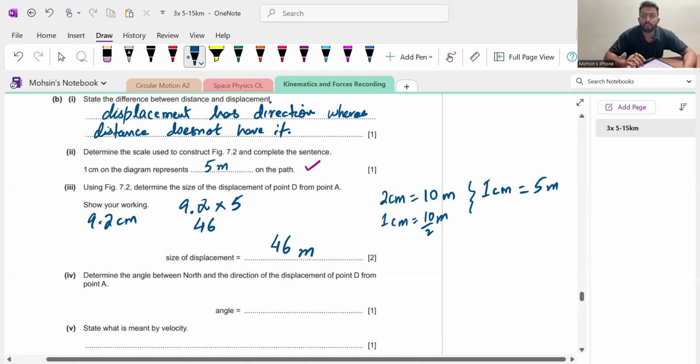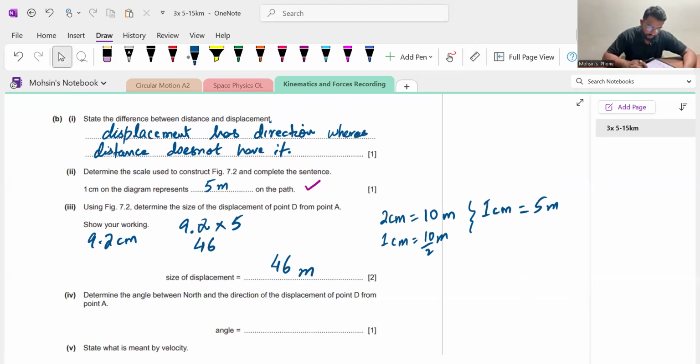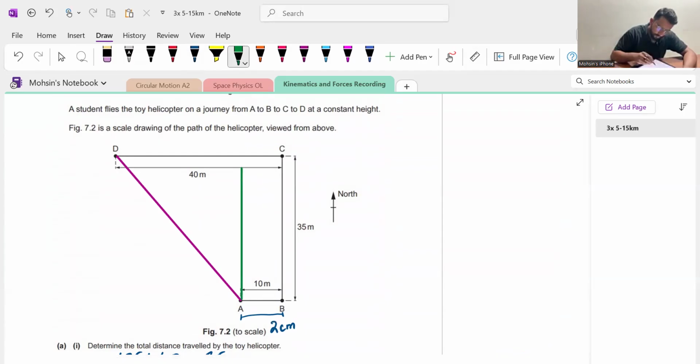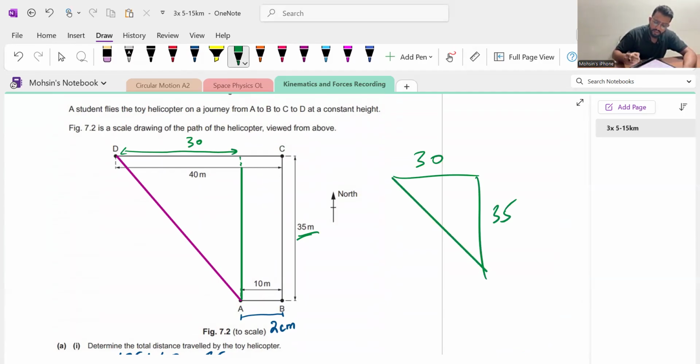Another way to cross check your answer is to draw a line from this point. So you know this is 10. So the remaining distance here will be 30. And this vertical distance is 35. So it's 30, 35, and you are required to find the hypotenuse.